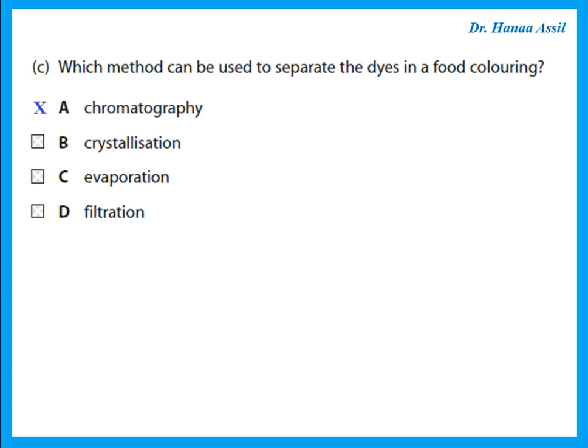Evaporation will do the same thing. You remove the water and you leave the solid. Filtration, when do we use filtration? When we're trying to separate an insoluble solid from a mixture. So, to separate dyes in a food coloring, or to separate sugars, or to separate amino acids, you use chromatography.